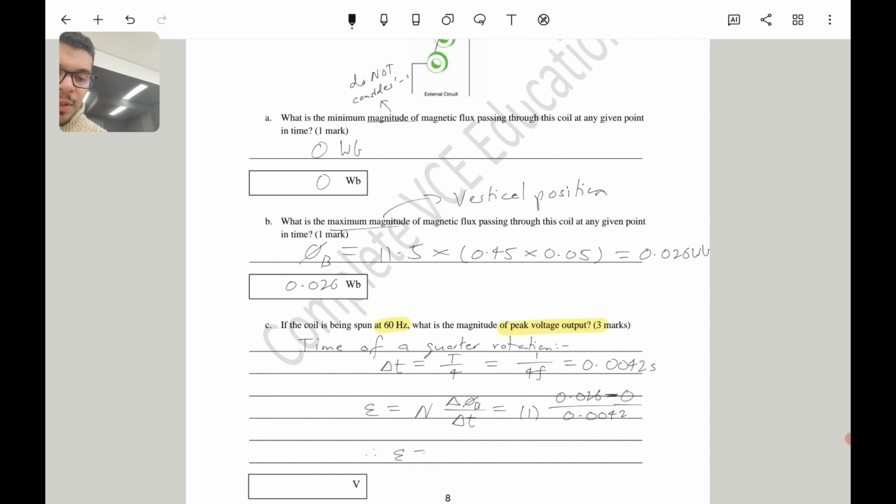And therefore the EMF would be equal to 6.2 volts. Okay, so again, just to recap, we are only looking at the quarter rotation, and therefore we must convert the frequency into the time of one quarter rotation. We cannot use the full period. Okay, that is very important to recognize.